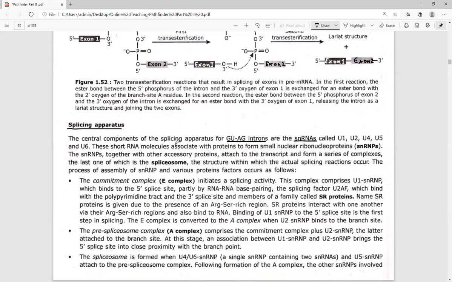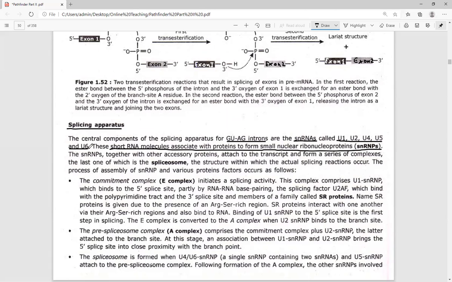These are short RNA molecules associated with specialized proteins, and those proteins are called small nuclear ribonucleoproteins, also referred to as snRNPs.